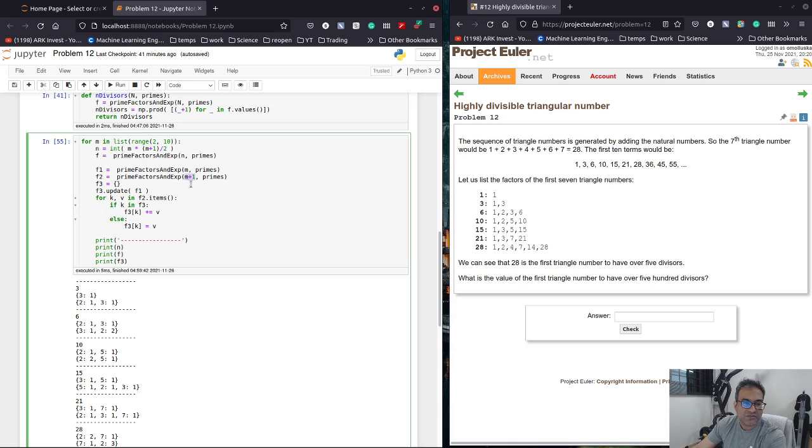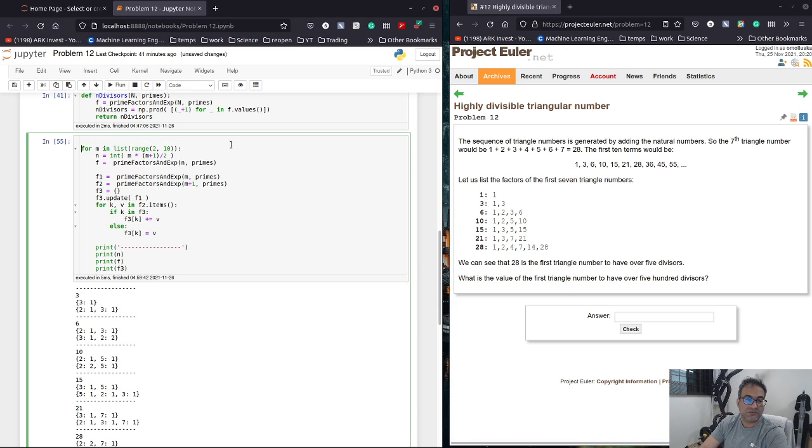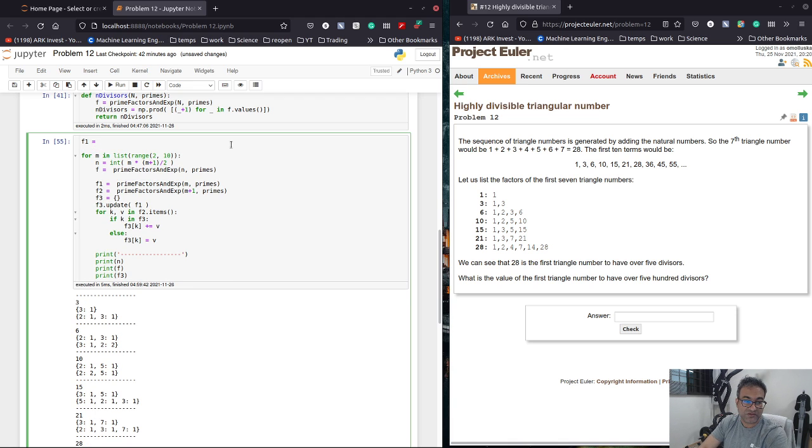I need to calculate m plus 1, but m should already be there from the previous step. So I don't need to calculate f1 all the time, because f1 should be there in the previous step.